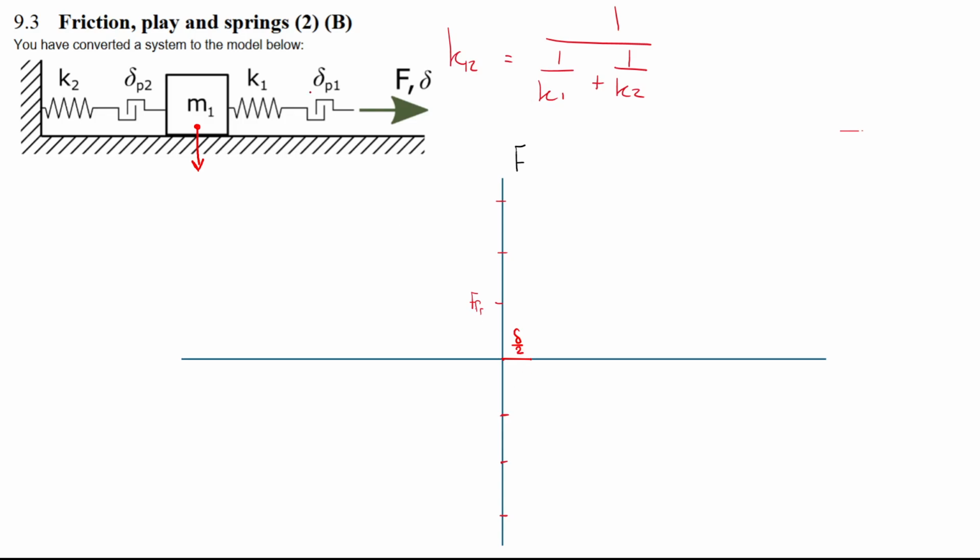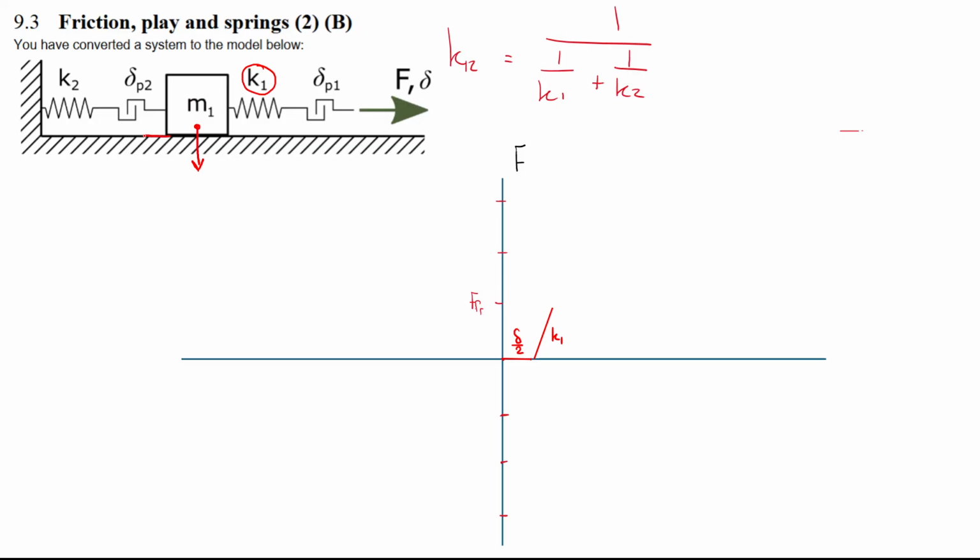Alright, next up, now the spring K1 starts to come into play. So it now goes up with K1. It does that until the friction force over here is overcome.